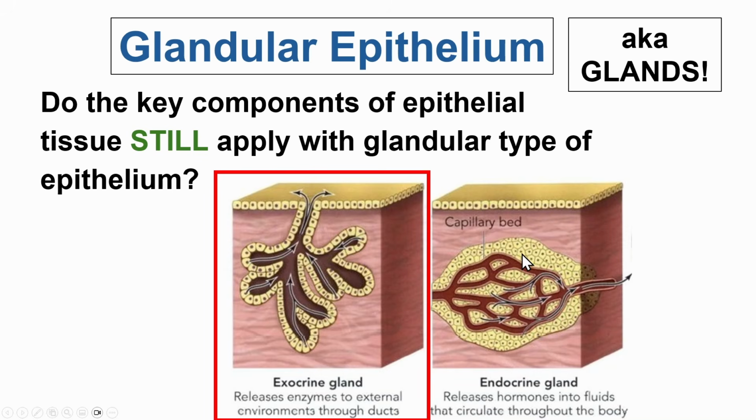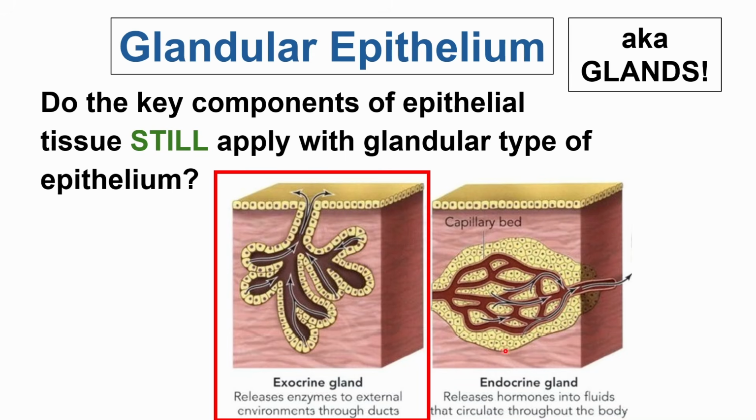It does not have a duct system because the secretions of the secretory cells go directly inside the body into the bloodstream. So this type of gland actually has blood capillaries or a vascular system embedded within its structure, okay?